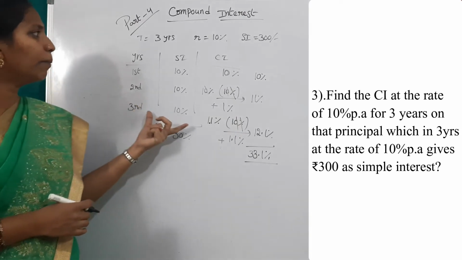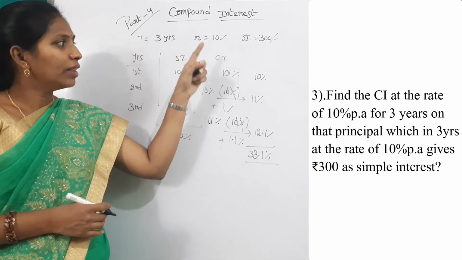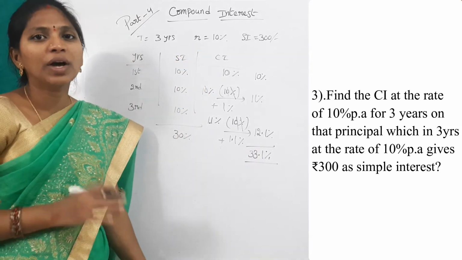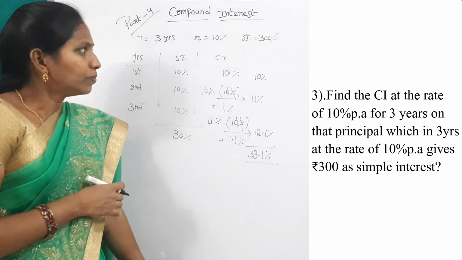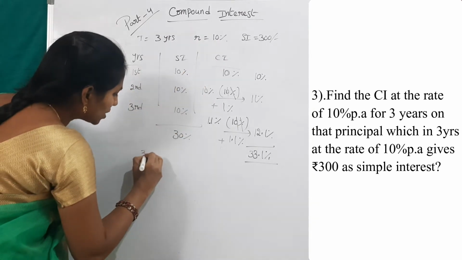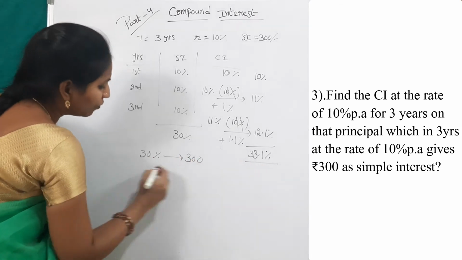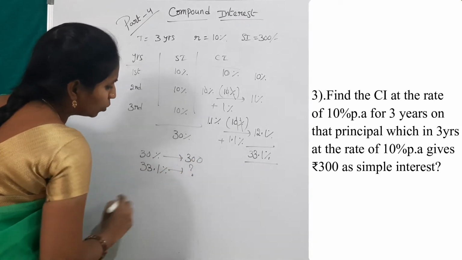It is very, very important. 10% is a rate of interest. Then compound interest for 3 years is 33.1%. Remember that value. Now calculate the compound interest. Here 30% is equal to 300 rupees. Then find out 33.1% value.